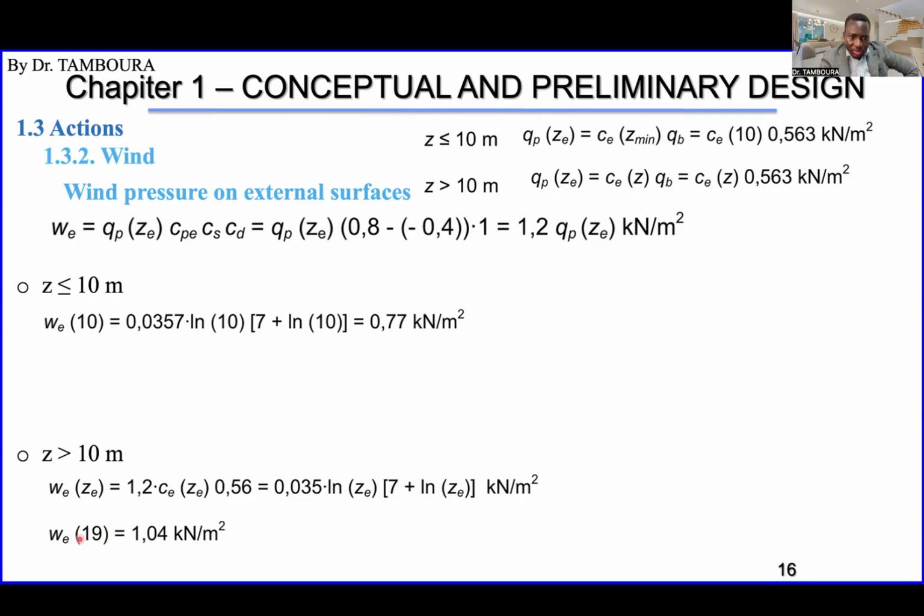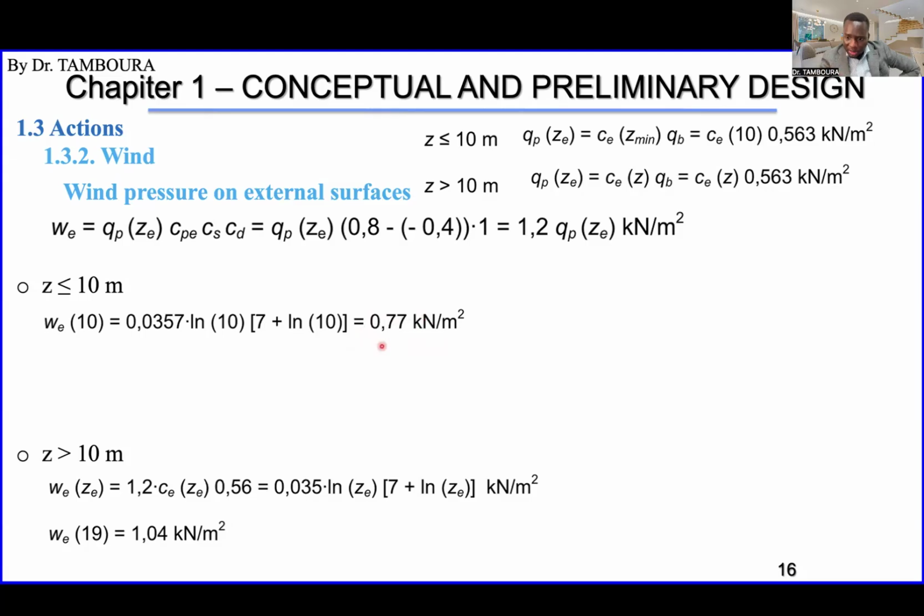When z is 19 meter, you will obtain this value. This is the maximum at the top of the building. So it changes from 10 meter upward. This value is not constant, but from 0 meter to 10 meter, this value is constant.